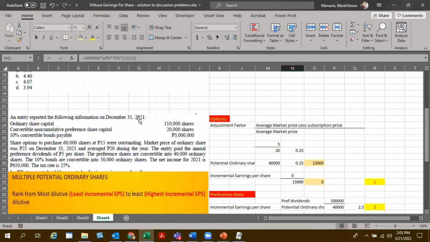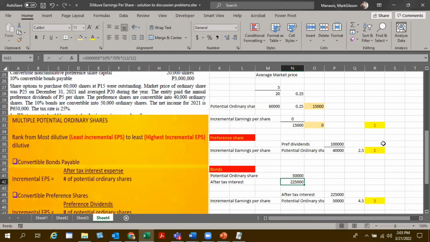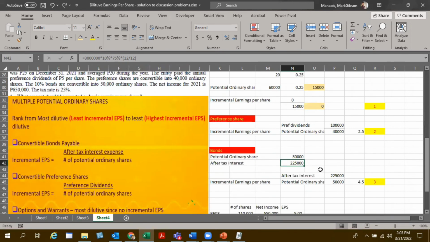Multiplied by 12 over 12. It's outstanding for the whole year. Kahit hindi ko na nga nilagay yung 12 over 12, pero just the same, nilagay ko na lang para maging consistent yung formula natin earlier. So that's 225,000 over the potential ordinary shares of 50,000.